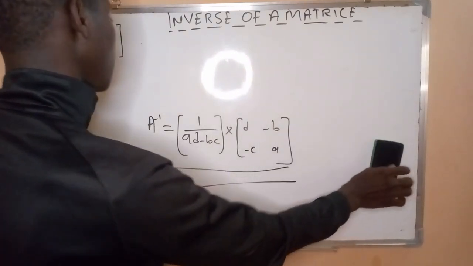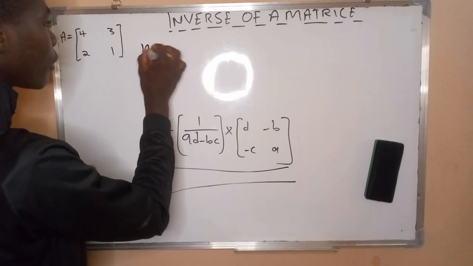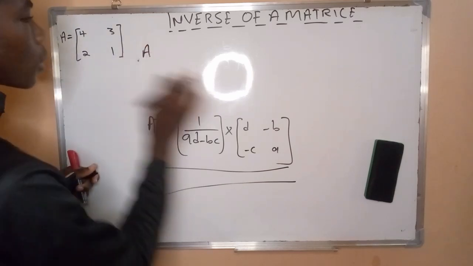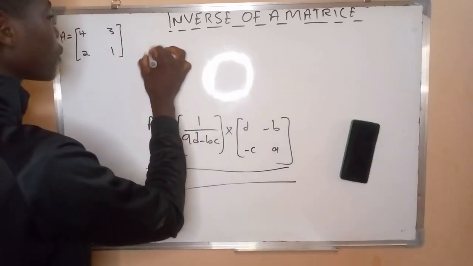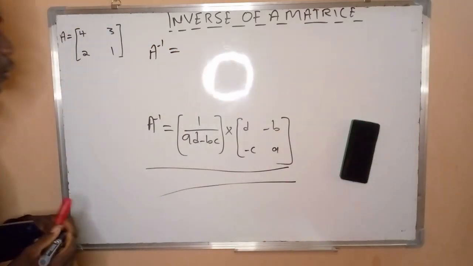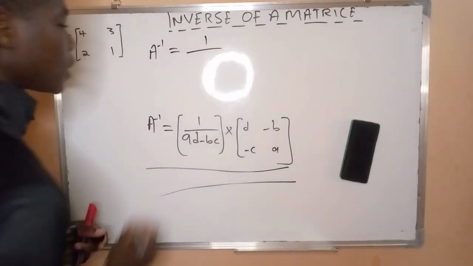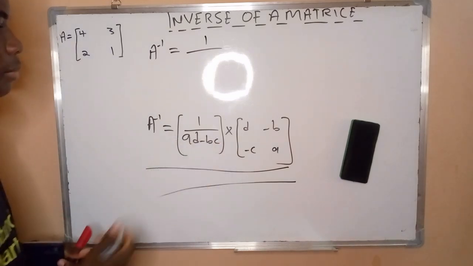So let's go ahead. The inverse of this matrix will be equal to 1 over ad minus bc.